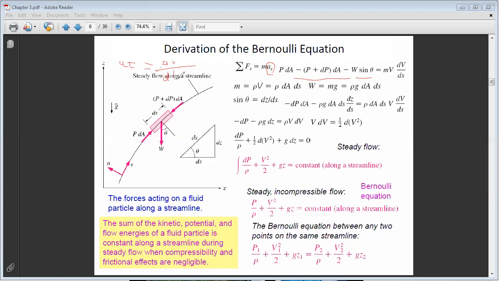But we can write it in another way, because if we relate to position, we know that ds by dt, velocity by definition, is the derivative of position with respect to time.